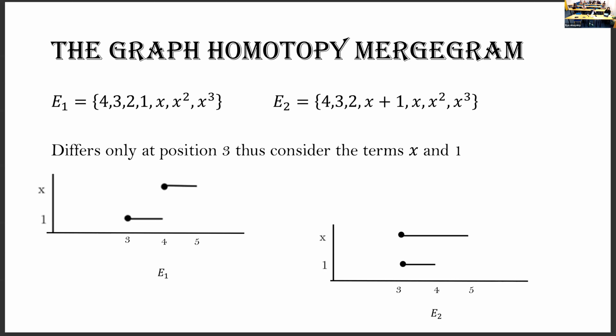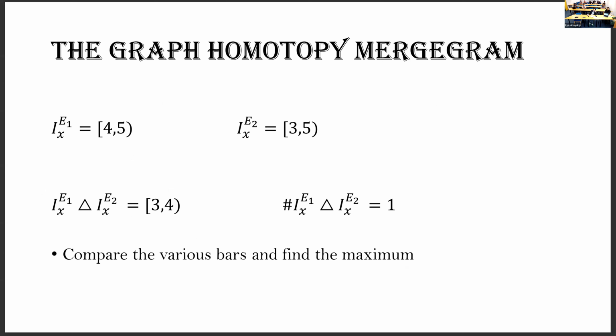So we look at this example. These are our corresponding edge filtrations as sequences, and these are the graph homotopy mergegrams. If you compare only the terms x and 1, x in E1 is given by the interval 4 and 5. x in E2 is given by 3 and 5.